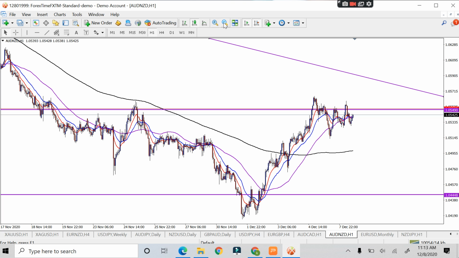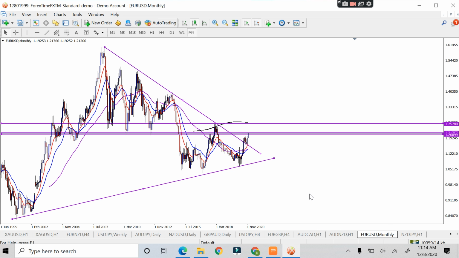Okay, then the Euro USD. That will be our last pair for today. The Euro USD on the monthly, from what I've seen, has broken out of the descending trend line.